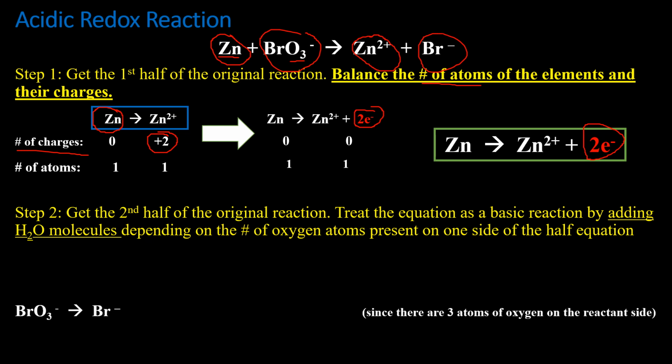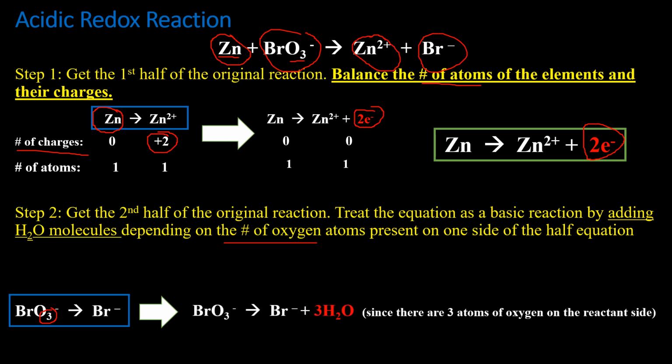Okay, so as you can see, we need to add water molecules depending on the number of the oxygen. So then, since there are 3 atoms of oxygen in here, eventually we also need to add 3 molecules of water. And then again, take note that the number of oxygens will be the same with the number of water molecules that you are going to add.